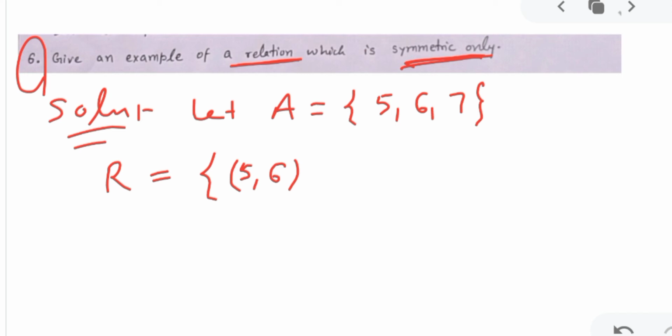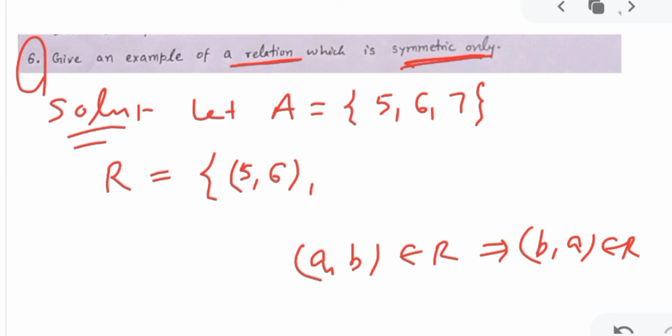Symmetric means if (a, b) is an element of R, then (b, a) will be an element of R. So (5, 6) is there, then (6, 5) should be there. Now this is symmetric and we have to keep symmetric only, so I will keep only these 2 elements. So this is symmetric.